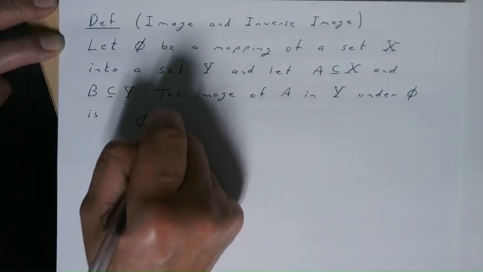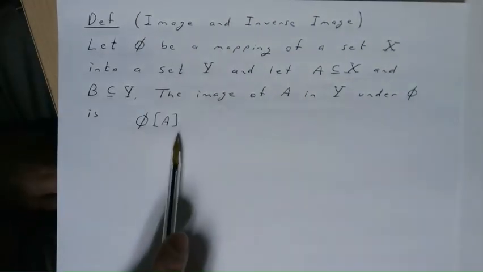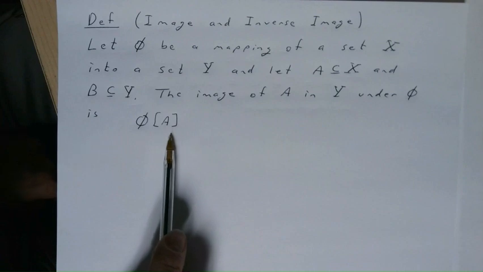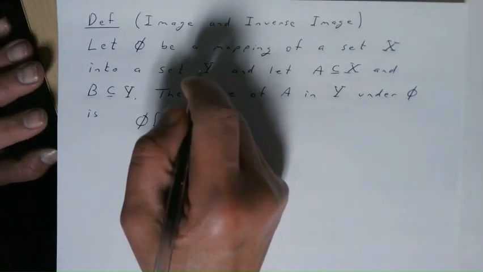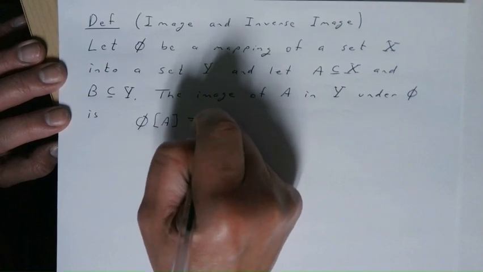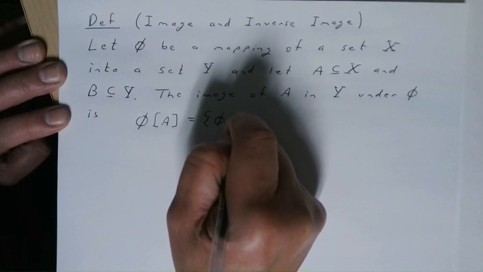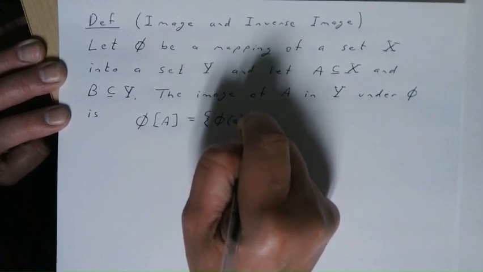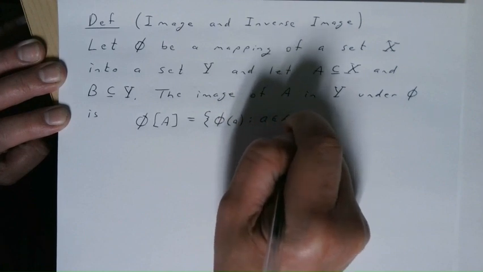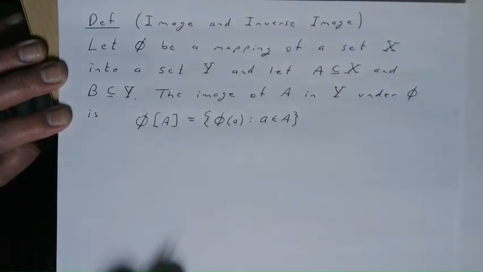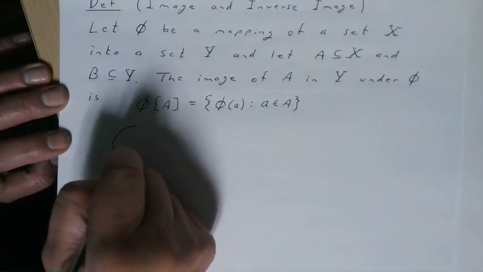is given this way. So you have this set A, and the image of A in Y under phi is defined as those values that the function produced by inputting values from A. And so it's simply something like this.